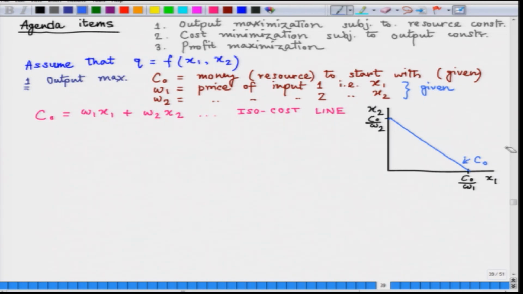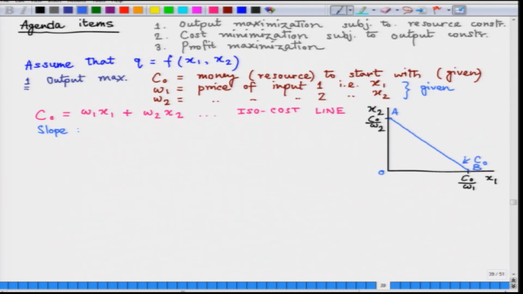Now, what would be the slope of this ISO cost line? So, for slope let me note these points by A and B, right, and of course O is my origin.